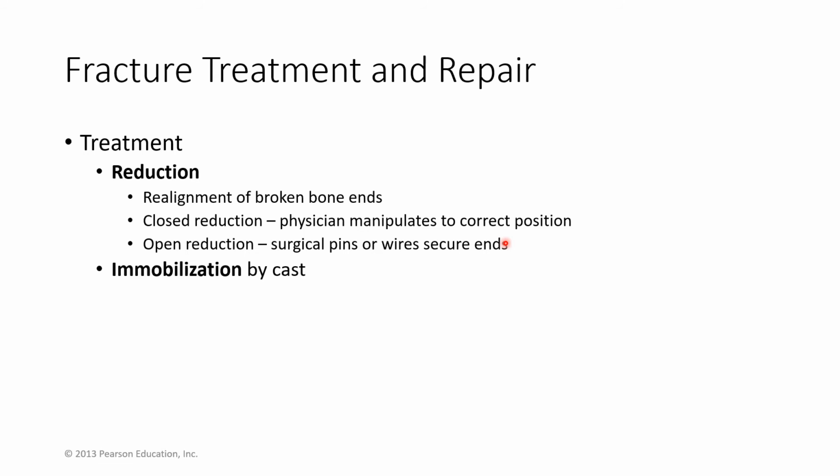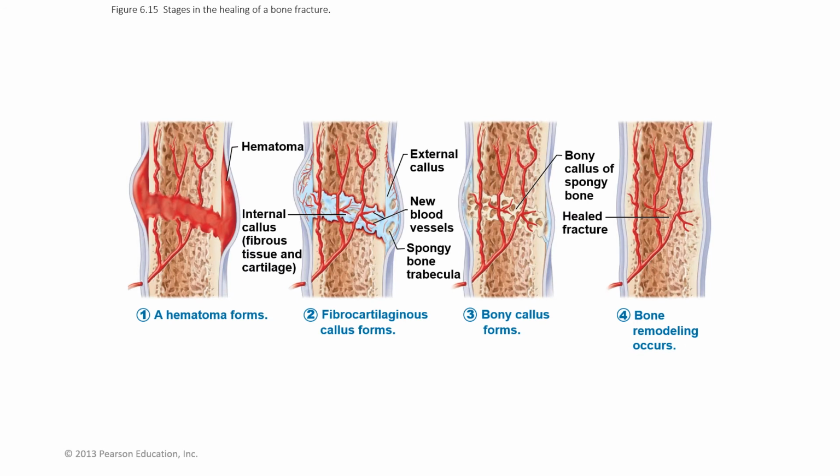Then you will need those surgical pins. Sometimes they also hold it together by a cast. And again, the whole point of the cast is to prevent mobilization, to prevent movement, so that your bones can stay realigned during the healing process.